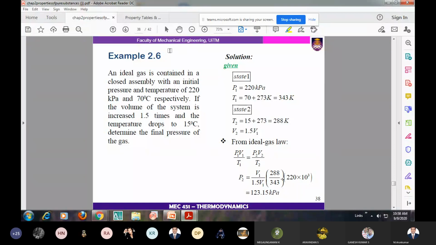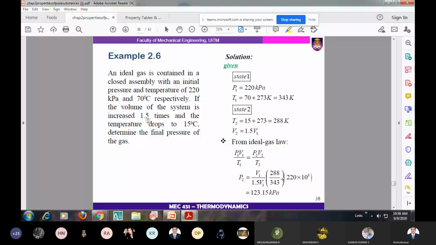So we have a constant volume process. If the volume of the system is increased, at state 2, the volume of the system is increased 1.5 times, and the temperature drops to 15 degrees Celsius. So we have V2 is equal to 1.5 times of V1.